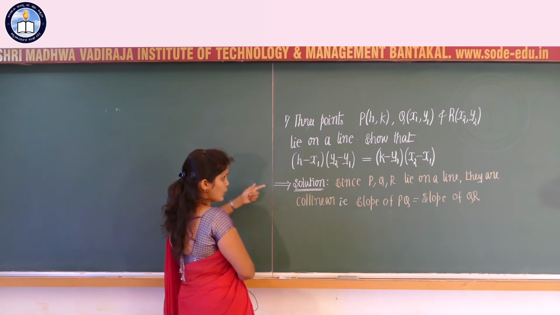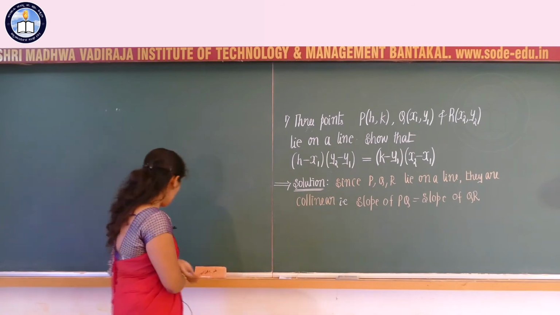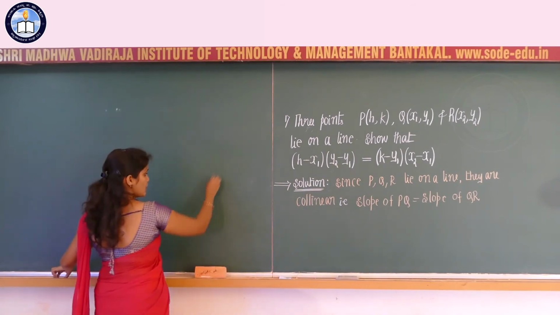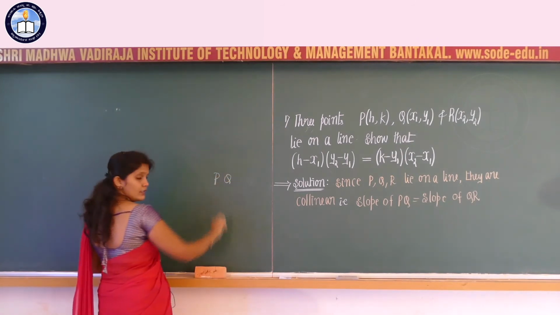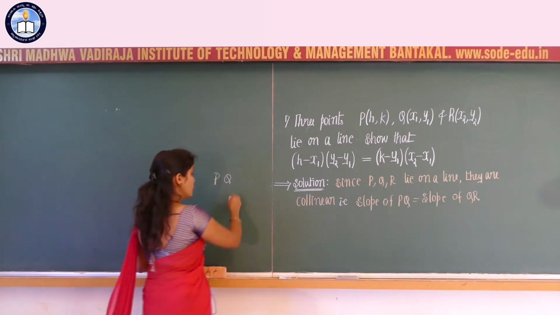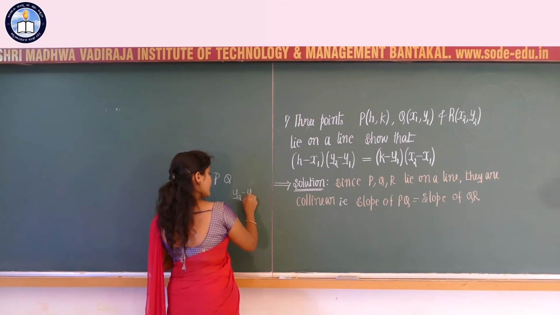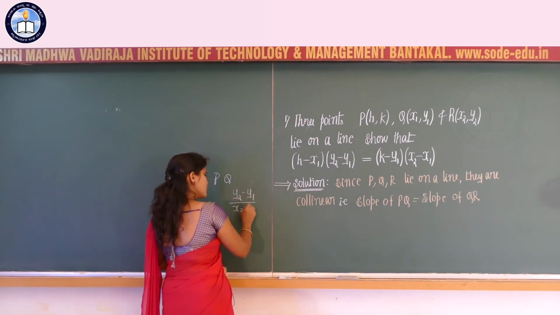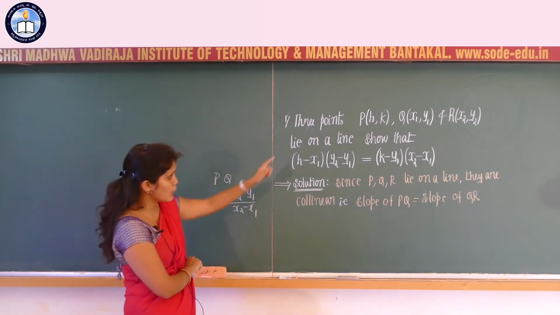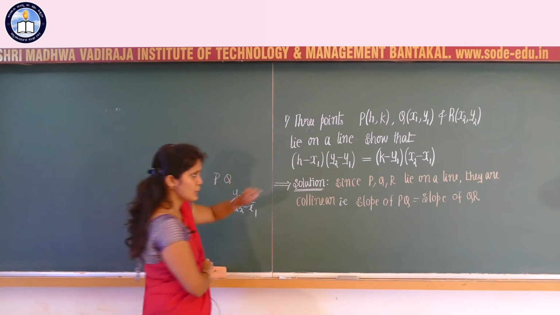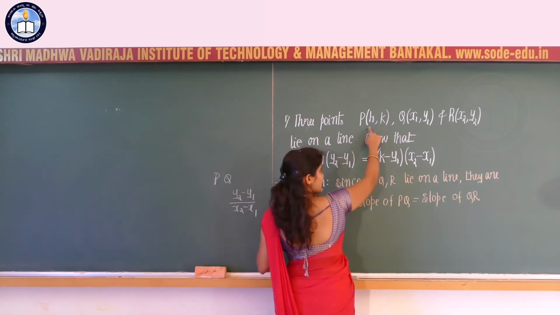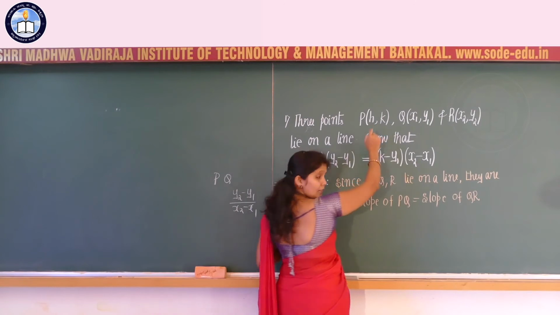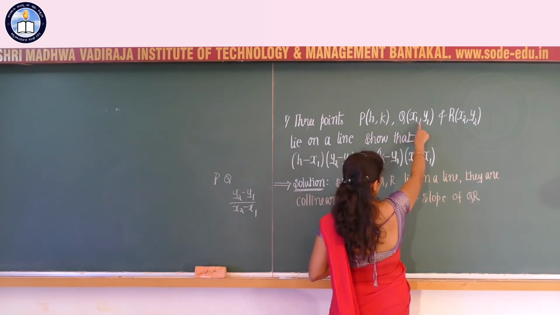What is meant by slope of PQ? We know if we are having any line joining points P and Q, then the slope is given by the formula y2 minus y1 divided by x2 minus x1. I will consider the first point as x1 comma y1 and the second one as x2 comma y2.